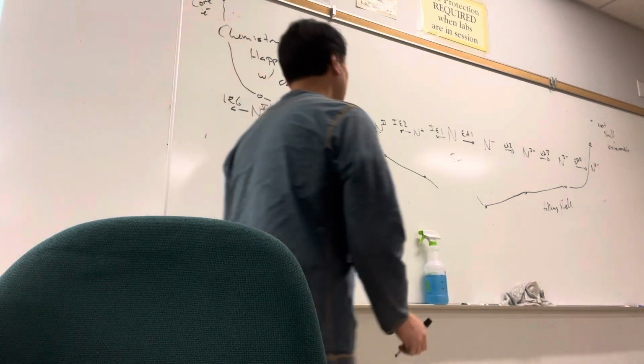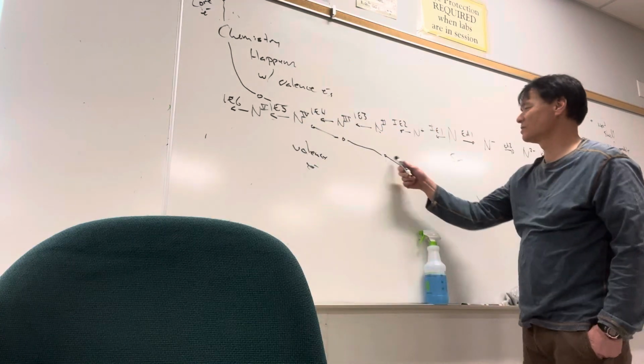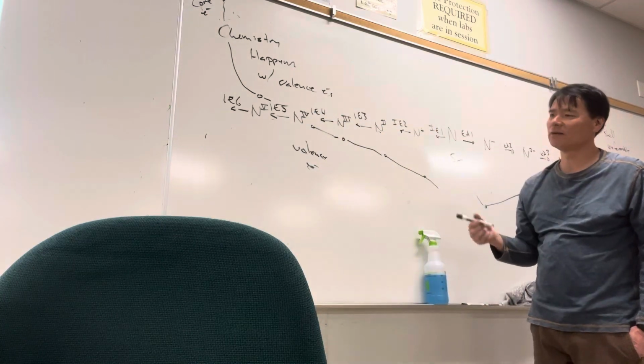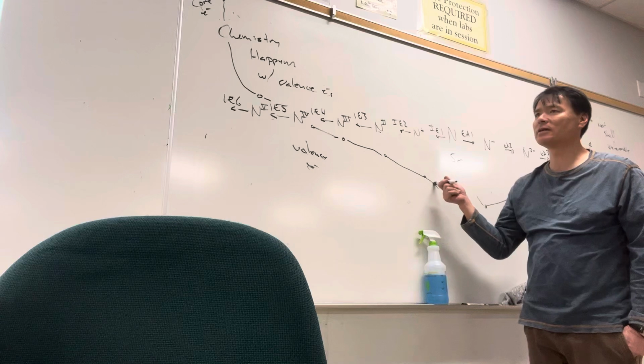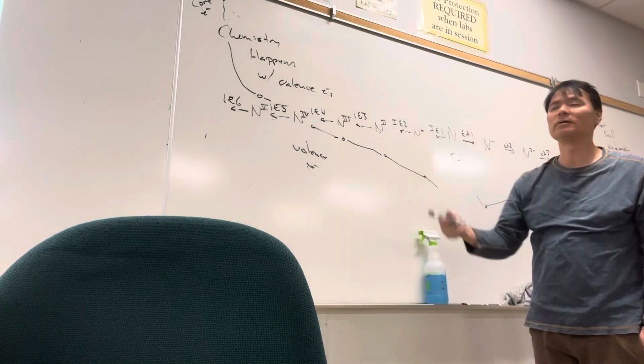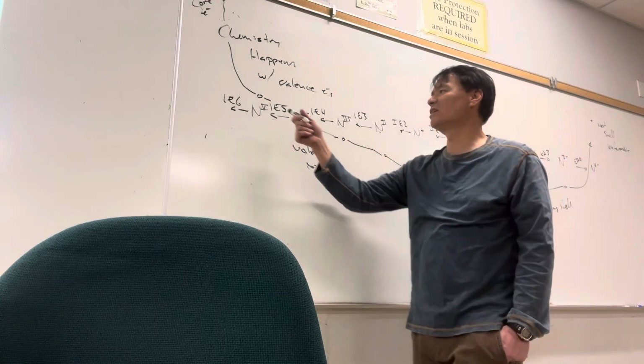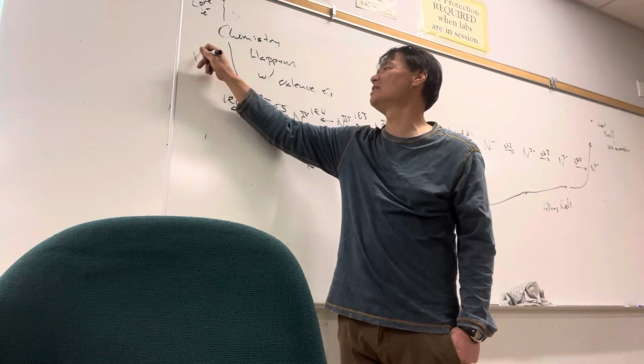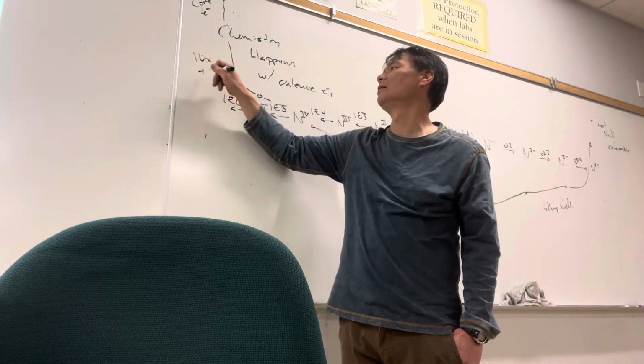And so typically what happens with IE1 to IE2 is like double the amount of energy, roughly. So if IE1 is like 1,000, IE2 is like 2,000, and then kind of doubles. But when you get to a core, it's like 10 times plus the energy.